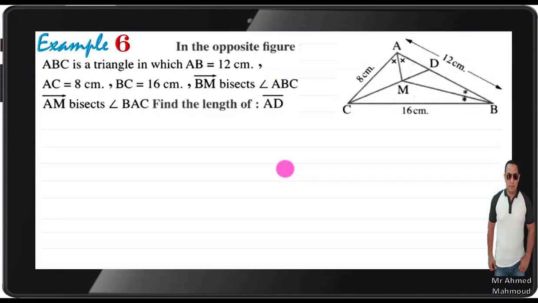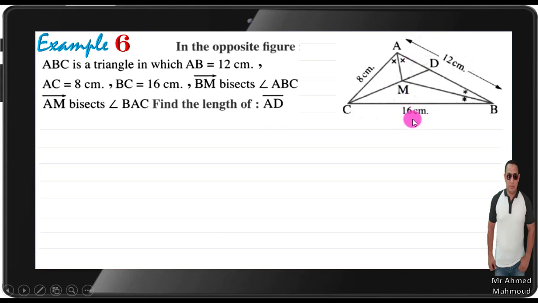We have now example 6. ABC is a triangle in which AB equals 12, AC 8, BC 16. BM bisects angle ABC, and AM bisects angle BAC. Find the length of AD.